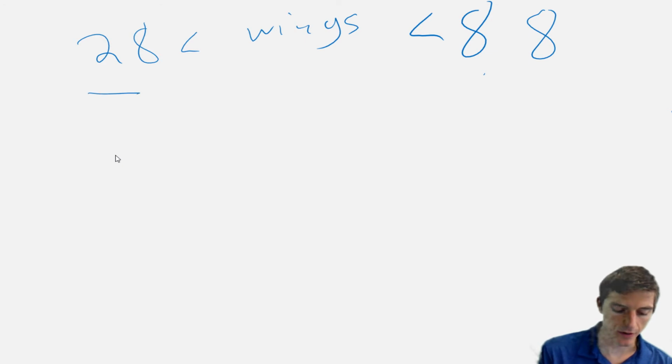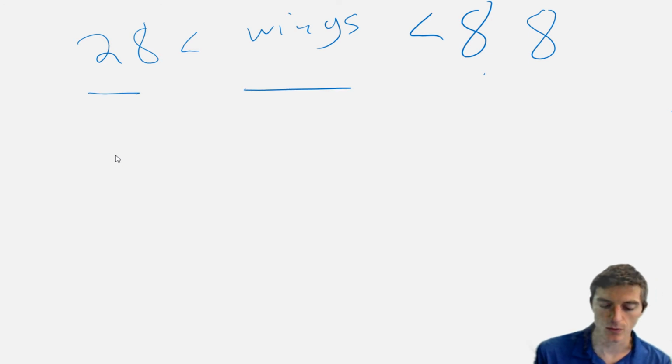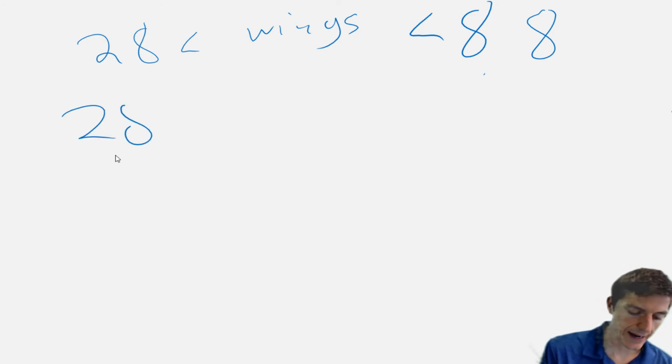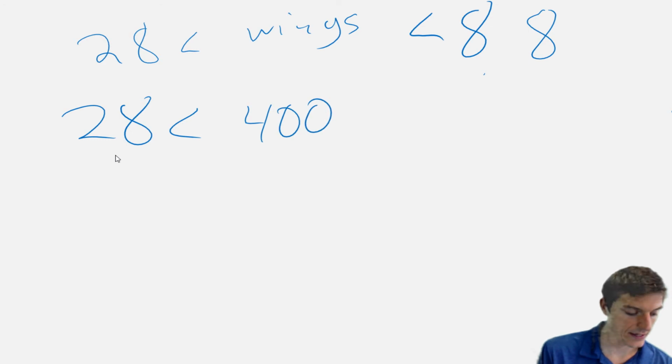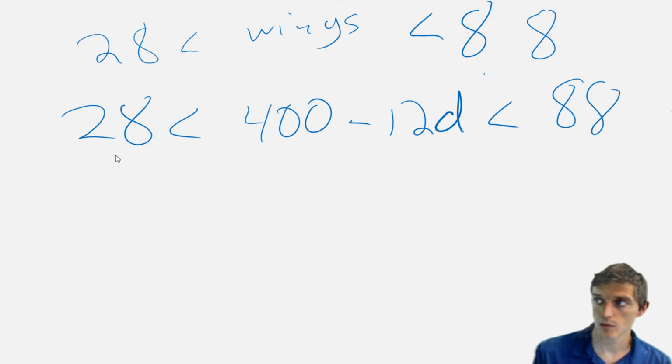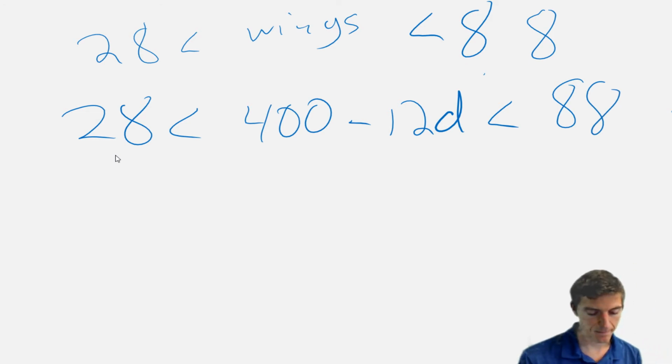So this is the small number, and I want my wings bigger than that. The way that we write this is 28 is less than, I start off with 400 wings and I subtract 12 every D for days, and I want to know when I have less than 88.